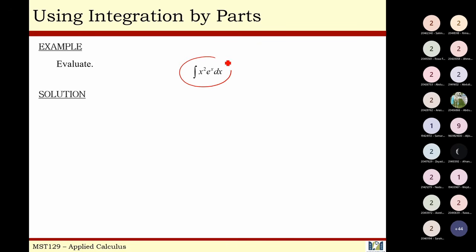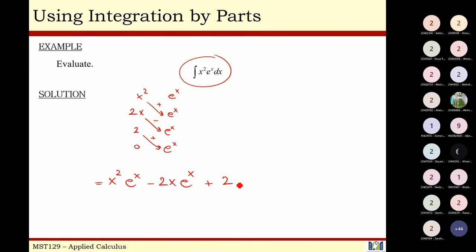We can compute it the easy way: x squared, 2x, 2 and 0, e to the x. The integral of e to the x is the same, with signs positive, negative, positive. So the answer directly is x squared e to the x minus 2x e to the x plus 2 e to the x plus c. Direct.